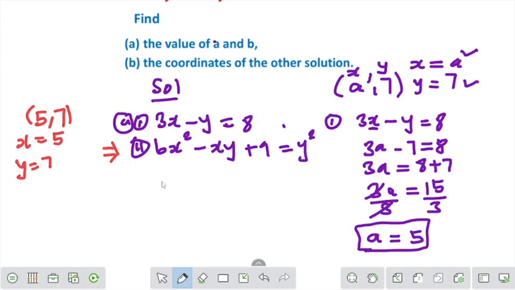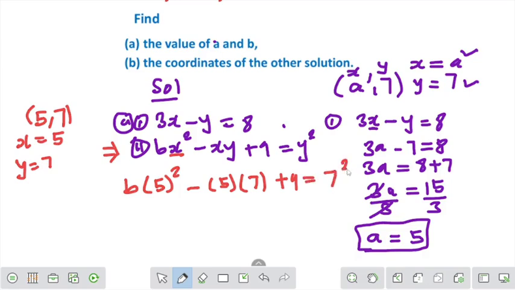And we are going to substitute into this equation 2. So we are going to write b. This x is squared and x is equal to 5, so it will be 5 squared, minus x which is 5, in brackets, and y which is 7, in brackets, then plus 9 is equal to y squared, y is 7, so it will be 7 squared.